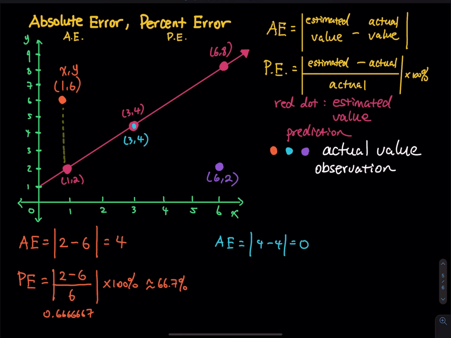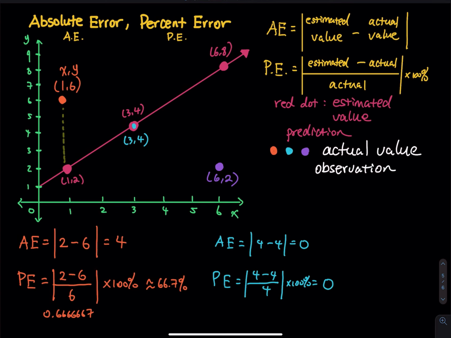The absolute value of 0 is equal to 0. So there is no distance between those two dots. And then the PE, percent error, that is equal to 4 minus 4 divided by itself. So that is already equal to 0. 0 multiplied by 100% is equal to 0. So there is no error, no distance between the blue dot and the red dot.